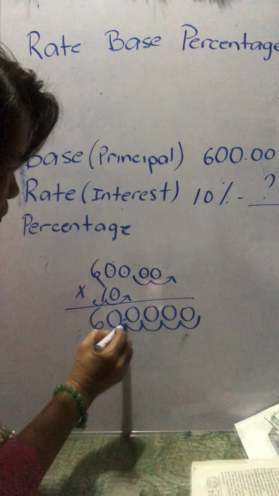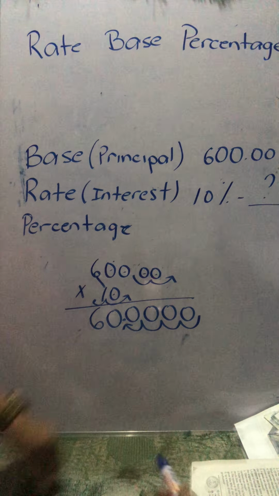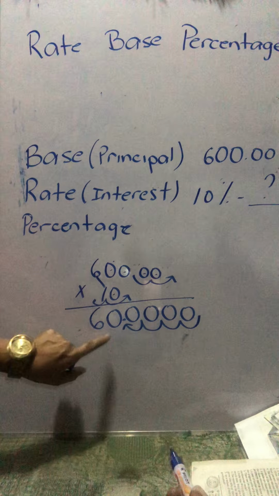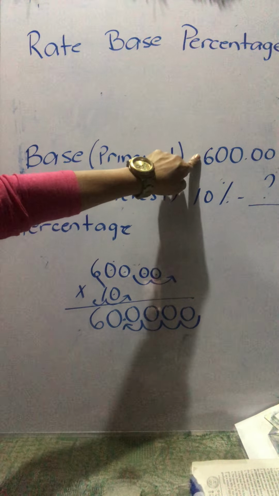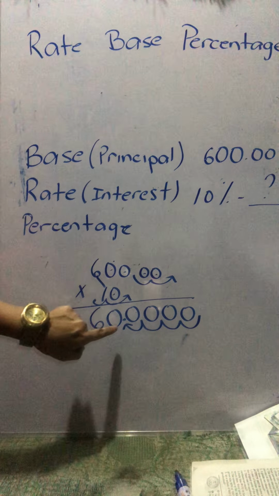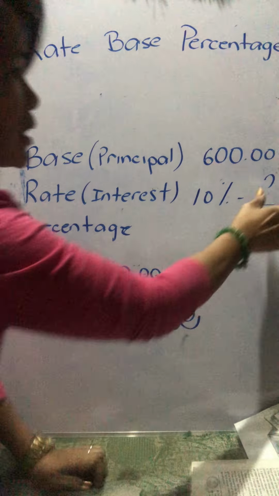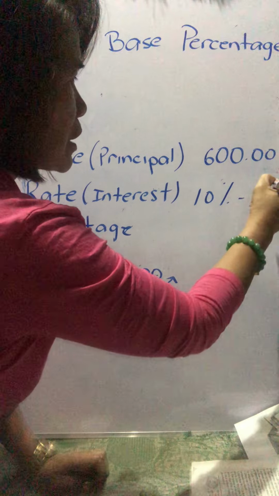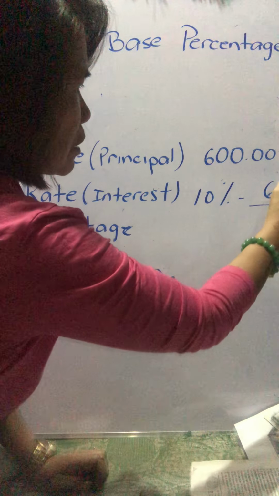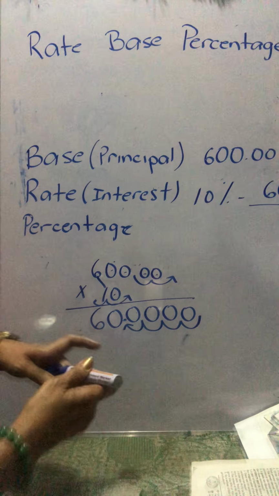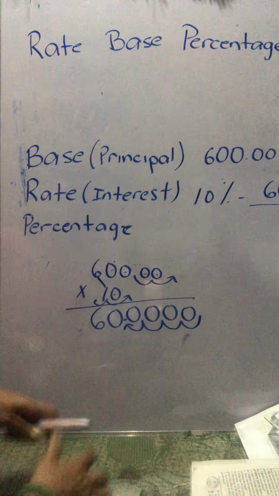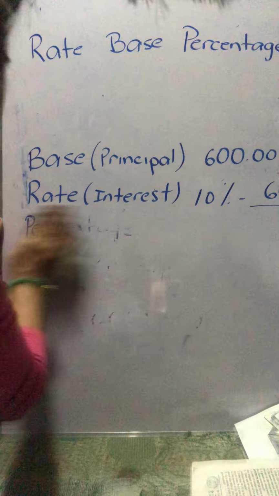Dito siya. So, how much is the 10% of 600? That is 60 pesos. Okay. So, maliwanag? Okay. So, ulitin ba natin? Isa pa ulit.